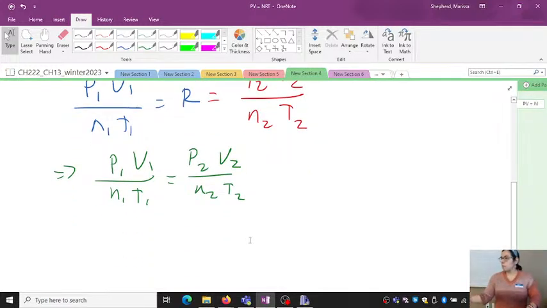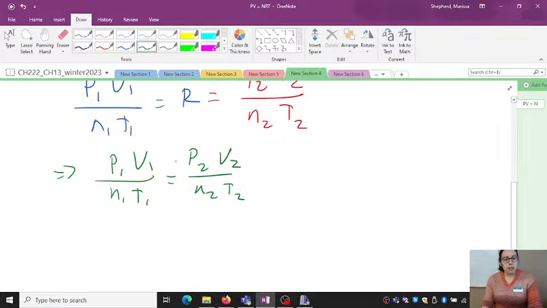Now you can get back all those formulas that we just went through, like P1, V1 equals P2, V2, by holding the other variables constant. That was when we held moles constant and temperature constant, so those just went away, leaving us with that.